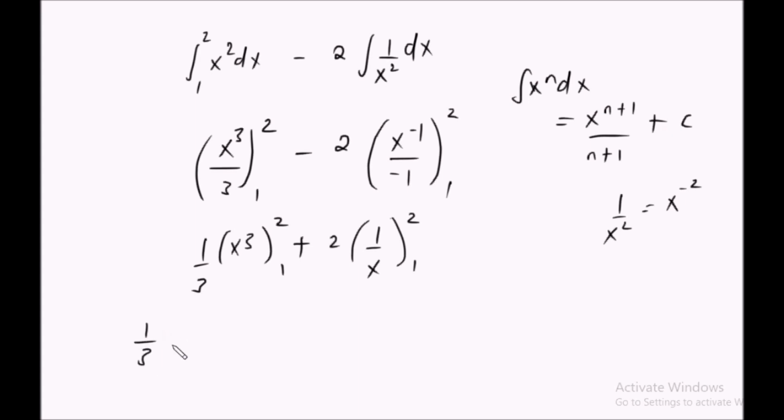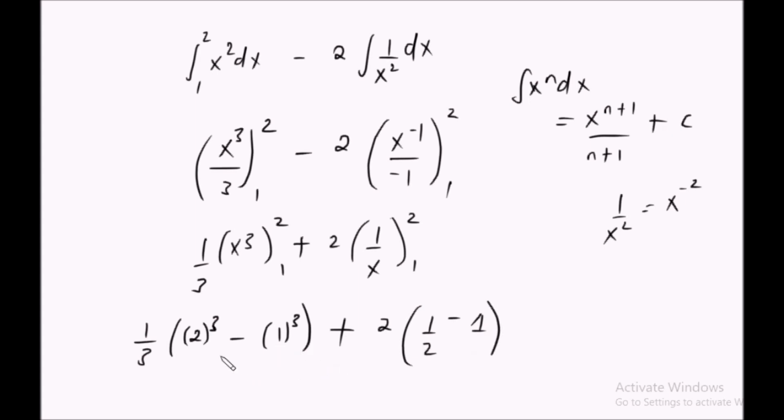So inakuwa 1 over 3, unaingiza mbili kwanza kwenye x, inakuwa 2 cube, and then unaingiza hii moja. Okay, kwa hiyo unachukua ile upper limit minus lower limit. So it becomes plus 2 now. So it becomes 1 over 2 minus 1 over 1.